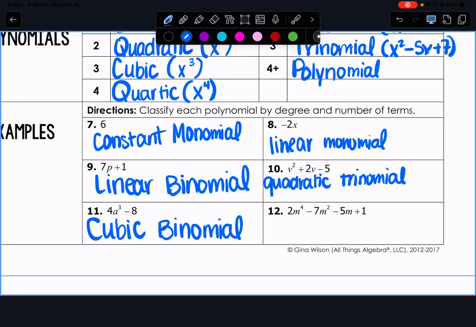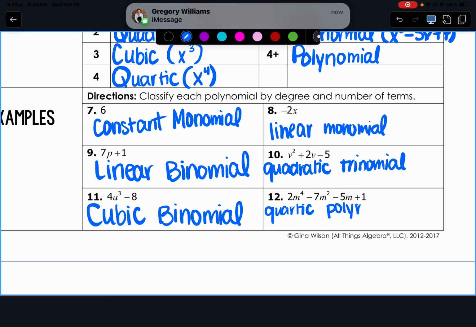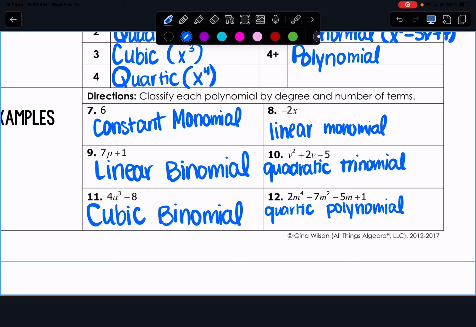What is 12? Perfect. So that is our classifying polynomials.